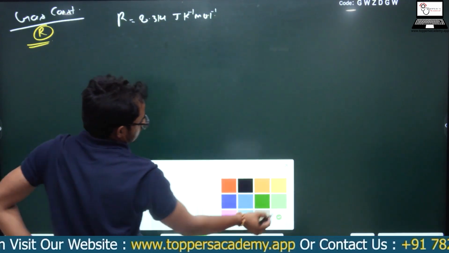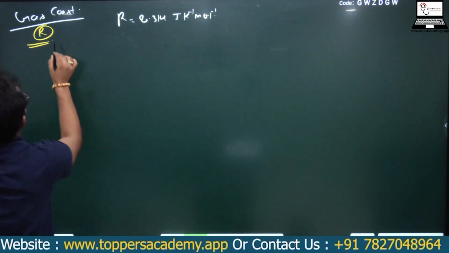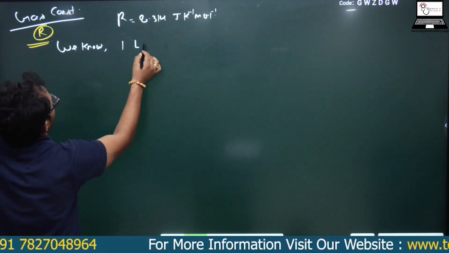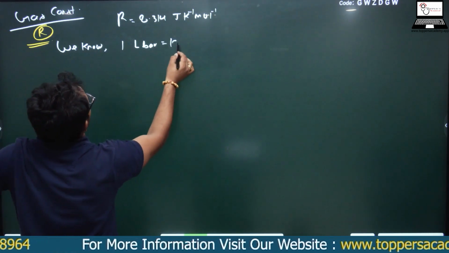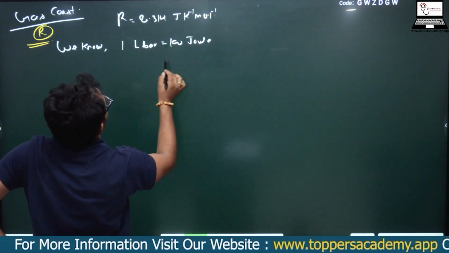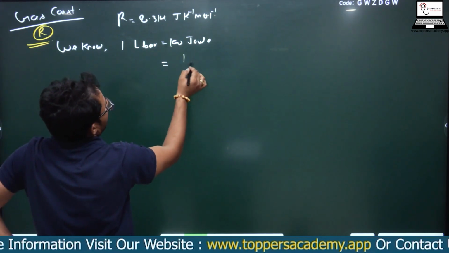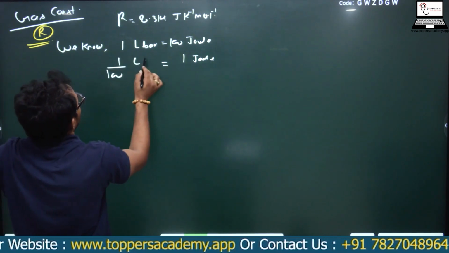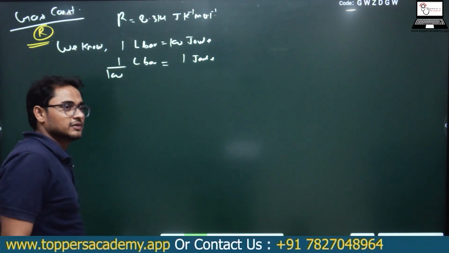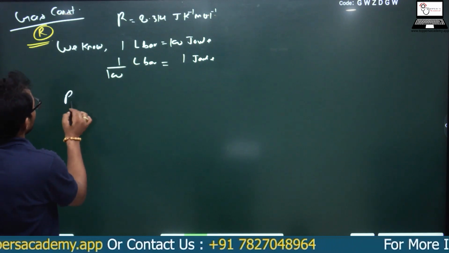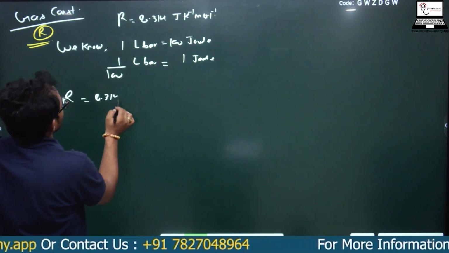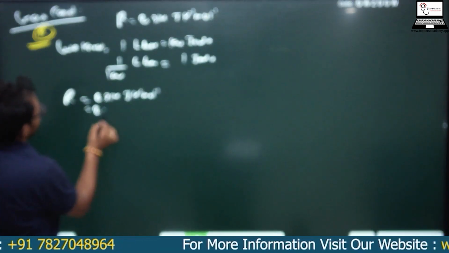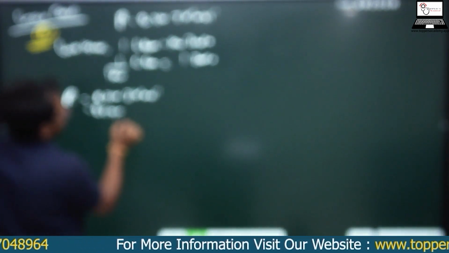Now my dear students, we know that 1 liter bar is equal to 100 joule, that means 10 to power 2 joule. I can say that 1 joule is equal to 1 upon 100 liter bar, obviously it should be.